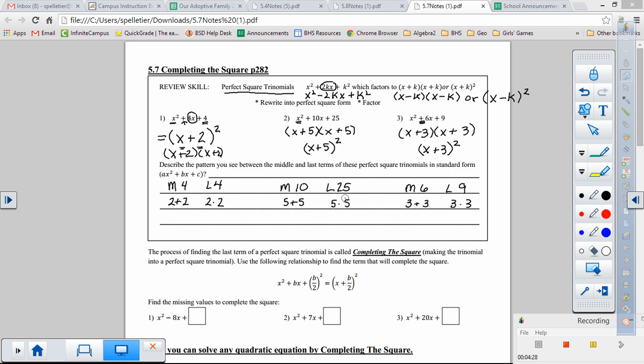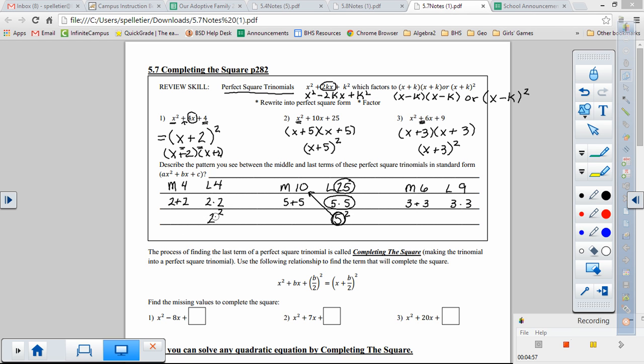What's happening in this second part is that we're squaring the term, and then in this one we're adding the two terms together.